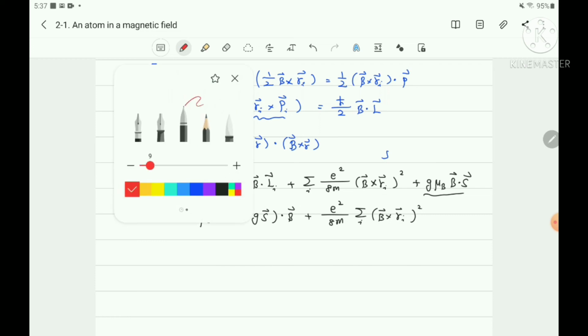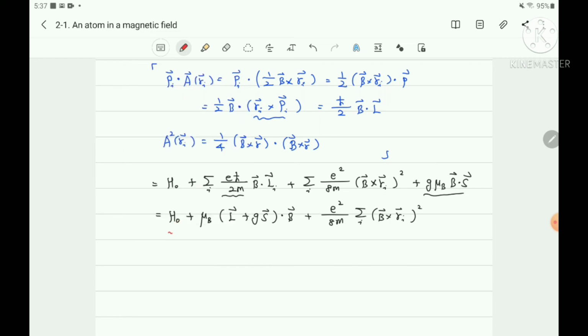Therefore, this is the Hamiltonian without applying a magnetic field, and this term contains the angular momentum and spin angular momentum. This term describes paramagnetism, and the final term is the diamagnetism term.